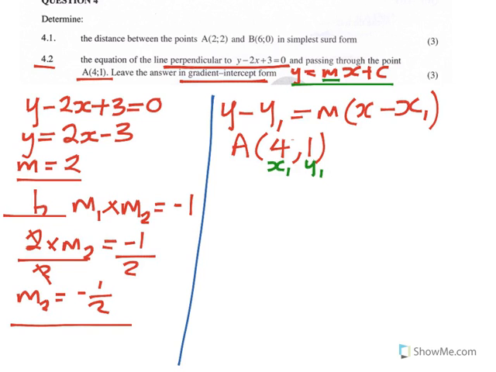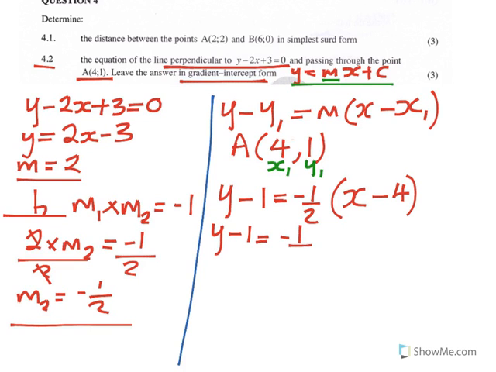Substituting, I'm going to have y minus 1 is equal to my gradient, my m2 in this case, because it's the perpendicular line, which is -1/2 (x minus 4). Now the next thing is to expand, which is y minus 1 is equal to -1/2 x plus 2. If you expand there, you get plus 2.